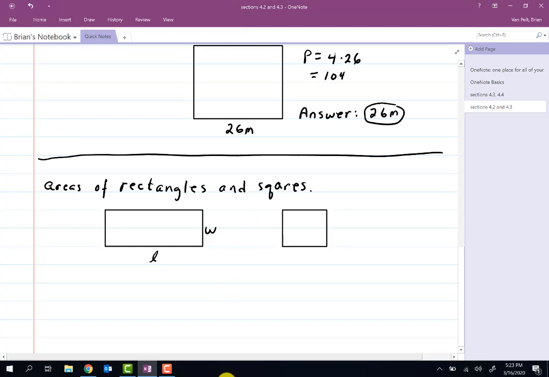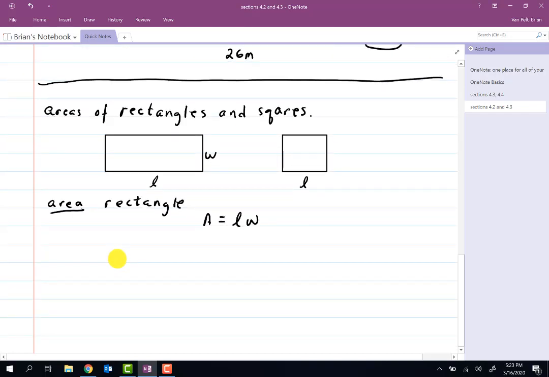In a square, all I've got to do is give you one length. So the area for a rectangle is the length times the width. For a square, the area is also length times width, but since the length and the width are the same, it's like length times length, so it's L squared.